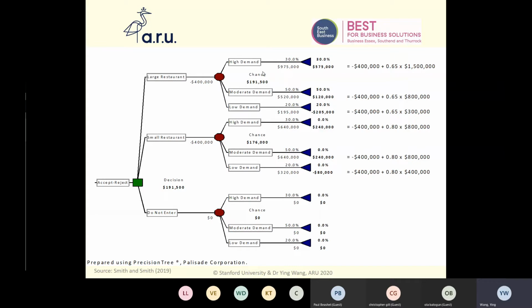You can tell here, the large restaurant got 191,500. Small is 176,000, and of course not entering is zero. So choose the largest, that will go to the largest NPV. So the decision will be to open a large restaurant in this regard.